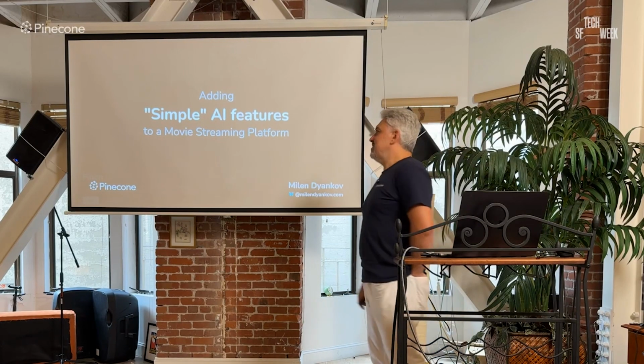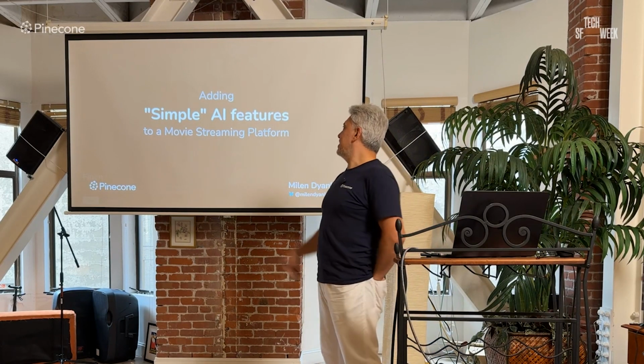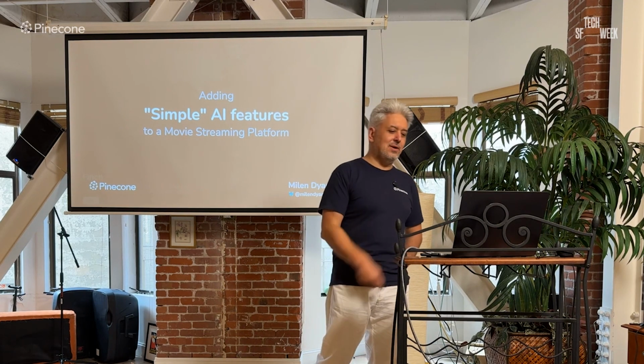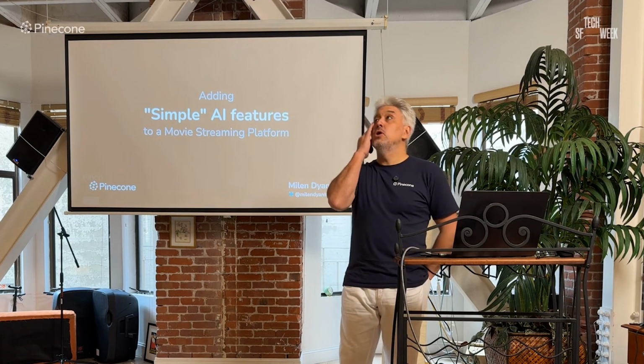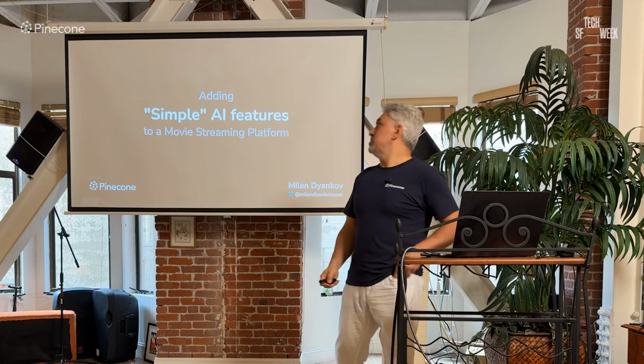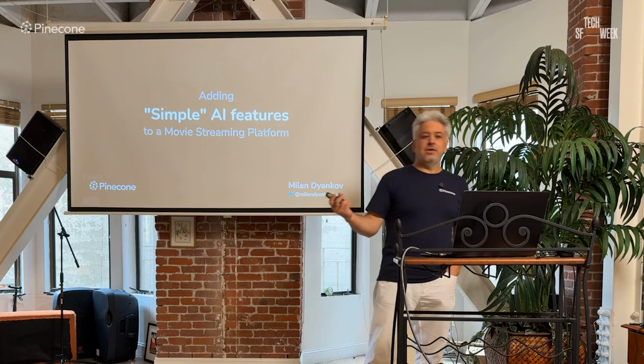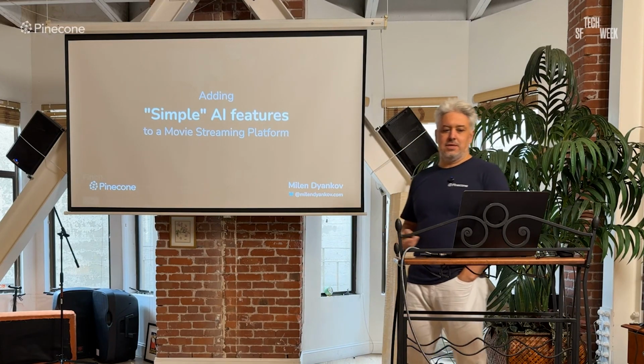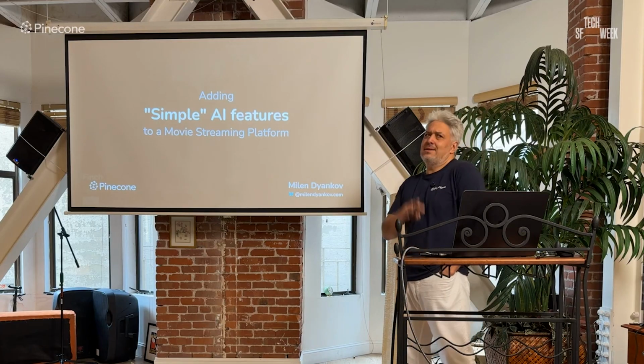Otherwise, you can stay here and look at something that I put together, which is an attempt to show you how you could use an existing application. In this particular case, it's a movie streaming platform. No, it's not Netflix.